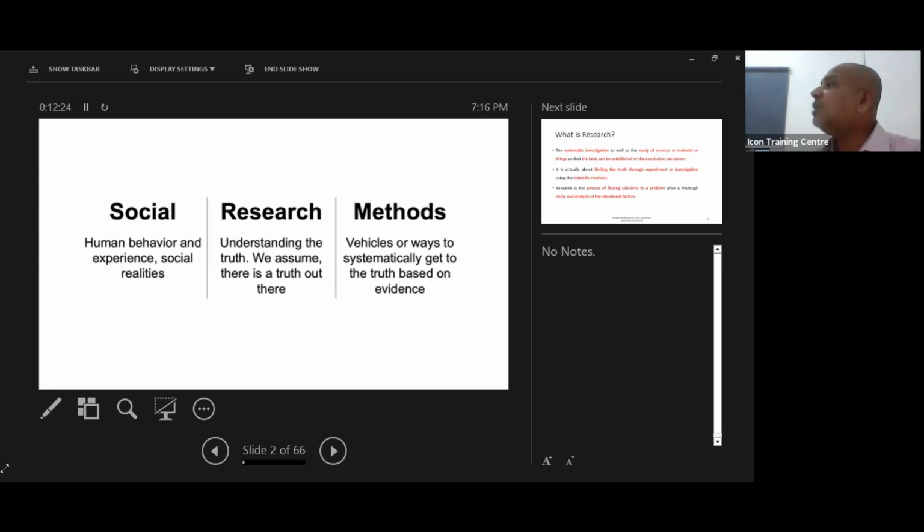If you want to do research, it should be generalized to everybody. You take a problem in one sector, HR in the banking sector, employee retention in the banking sector.